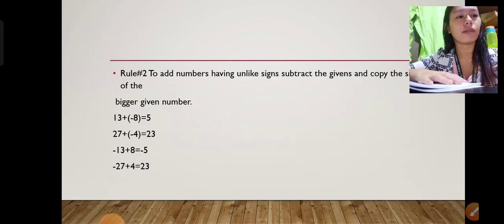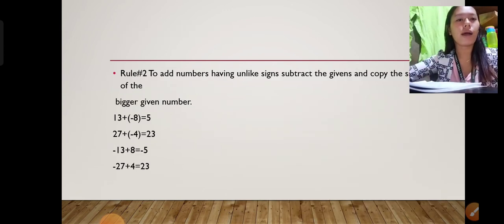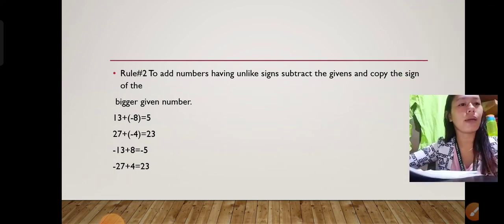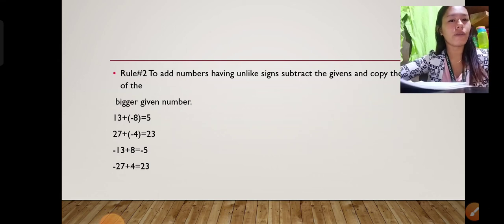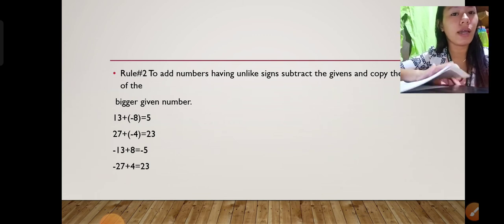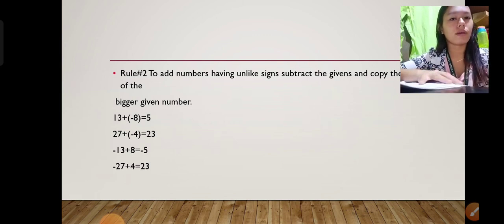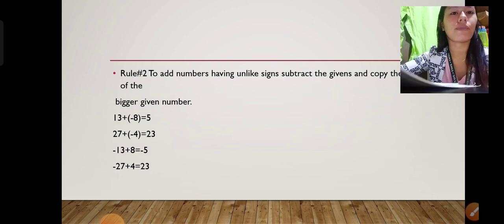Okay, very good. So rule number 2: to add numbers having unlike signs, subtract the given numbers and copy the sign of the bigger given number. So 13 plus negative 8 is equal to 5, since the bigger number is positive, so our answer is also positive.